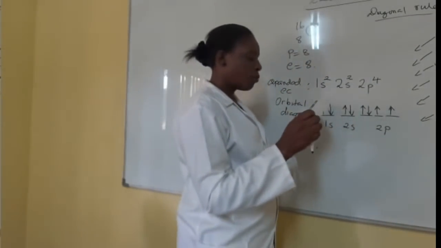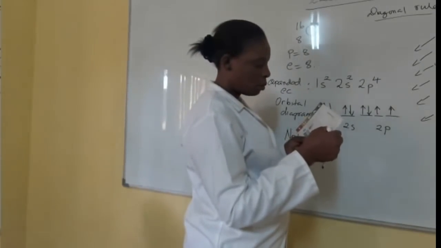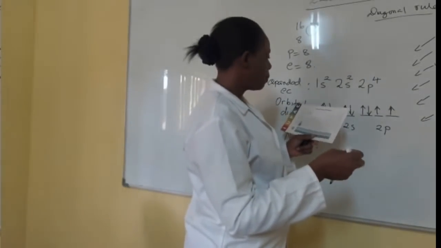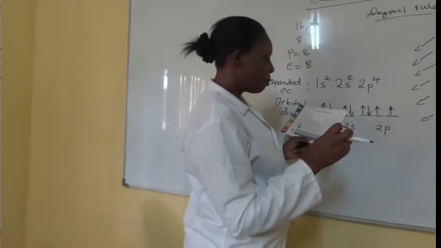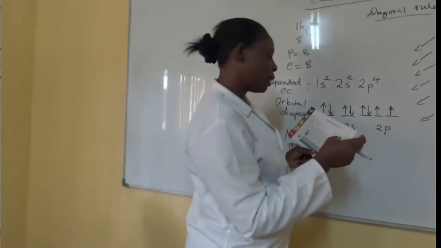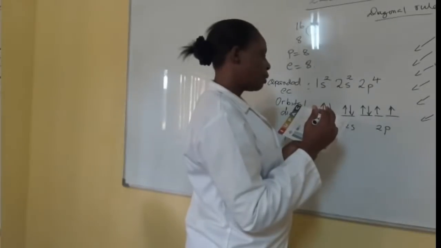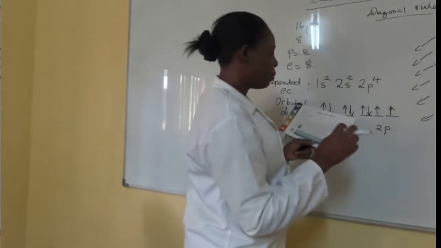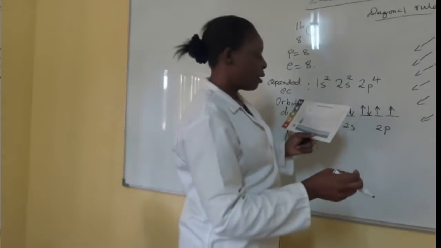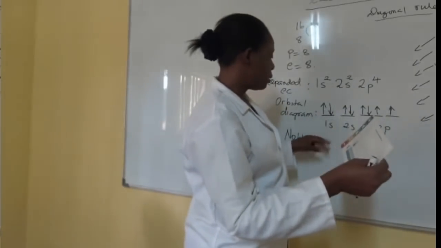When you look at oxygen, in this case, we have no noble gas preceding oxygen, because we look at the noble gas just before. So it means we have no noble gas core there, right? So we leave it at this.